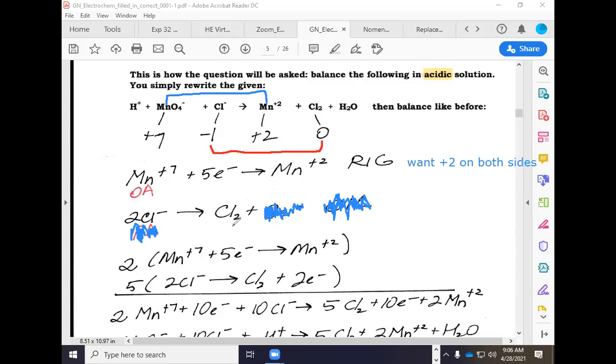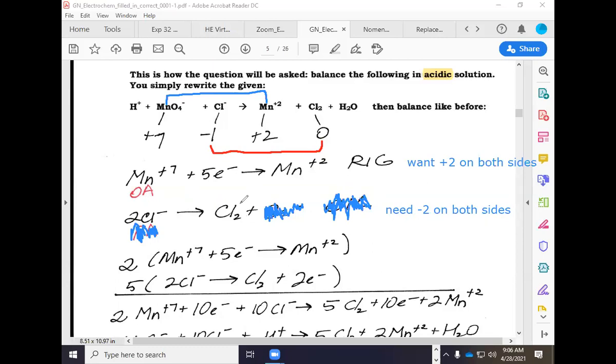So the chlorine is diatomic. This is a molecule. We're going to have to leave this as a molecule, but we have to go back and put this 2 in ourselves because we would need 2 chloride to make the diatomic. So we would see that there's a -2 on this side.